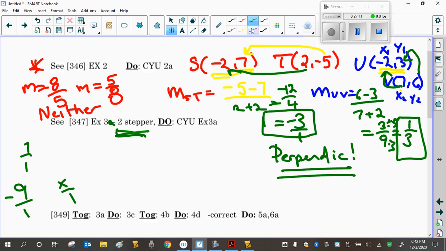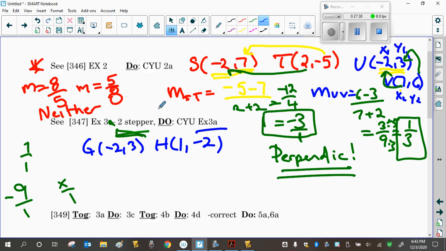So having said that, let's look at example 3a, and I want you to find the perpendicular slope of the line segment between the points (-2, 3) and (1, -2). Go ahead, your turn. I'll talk you through it. Go ahead and find the slope, and then the second step, don't forget it.